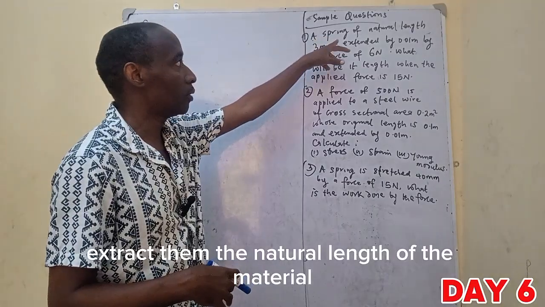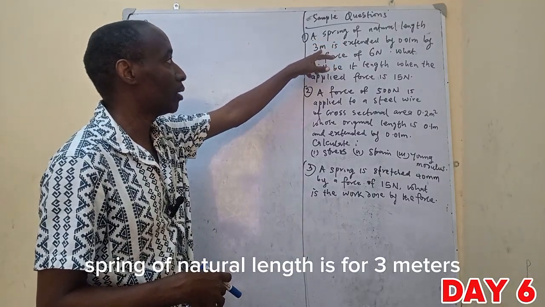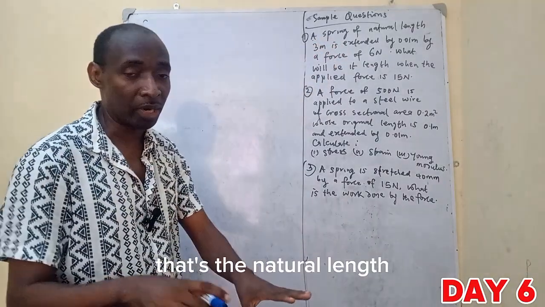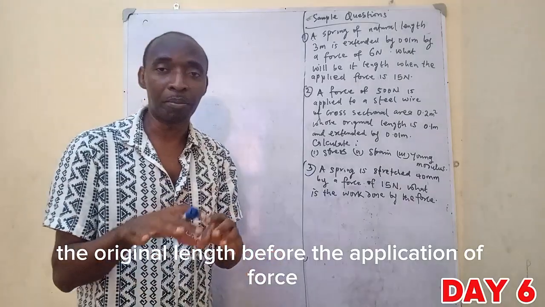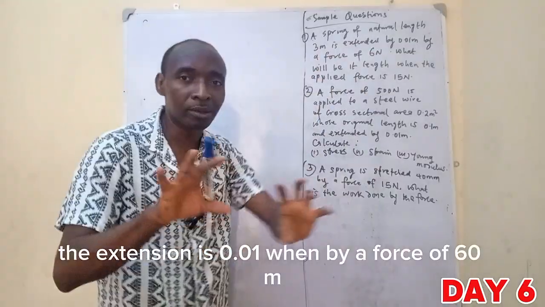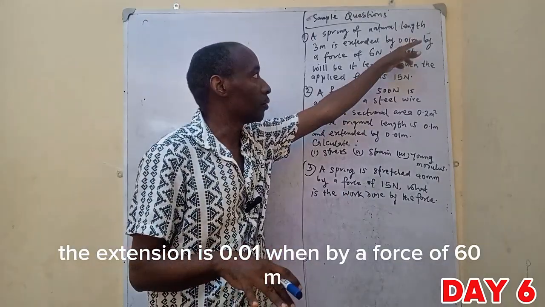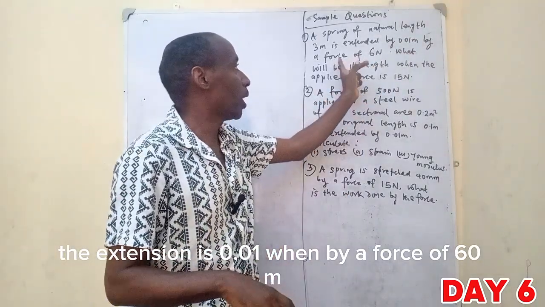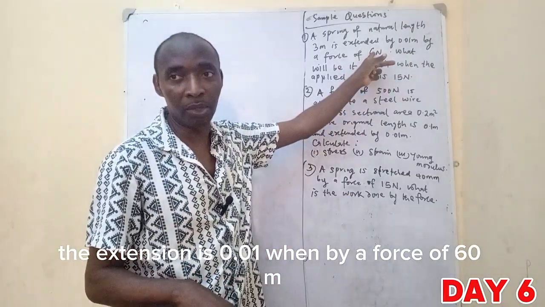The natural length of the spring is 3 meters. That's the natural length, the original length before the application of force. It's extended. The extension is 0.01 meter by a force of 6 Newton.